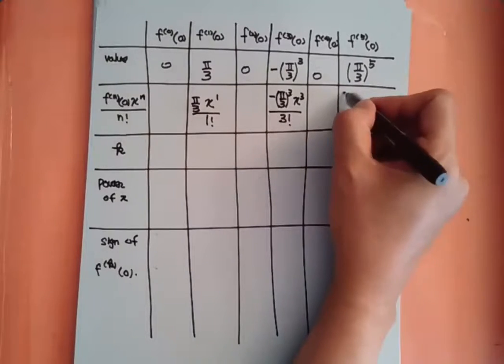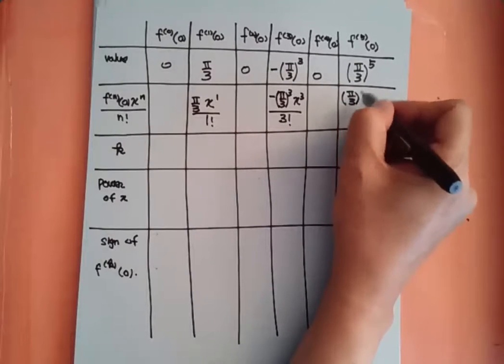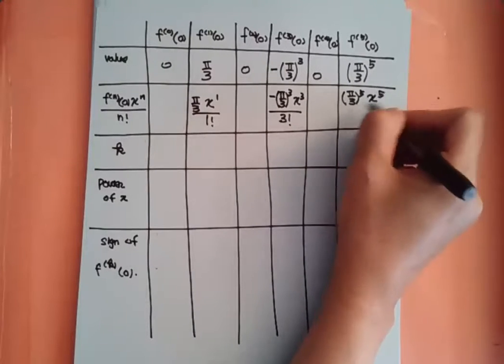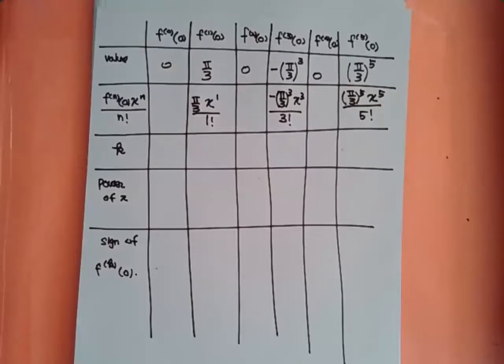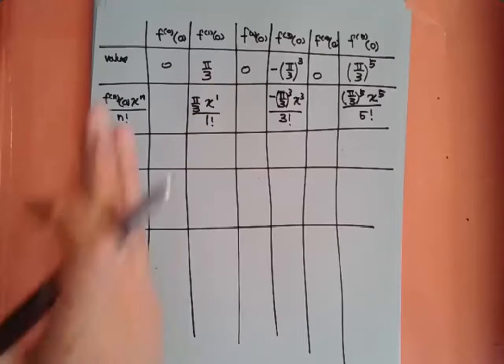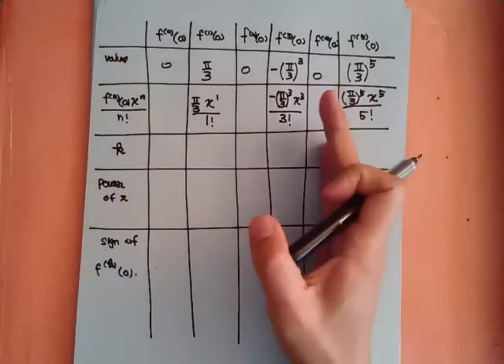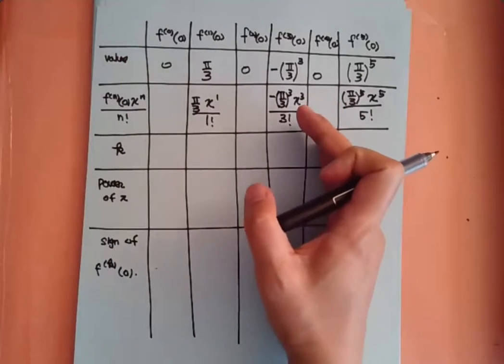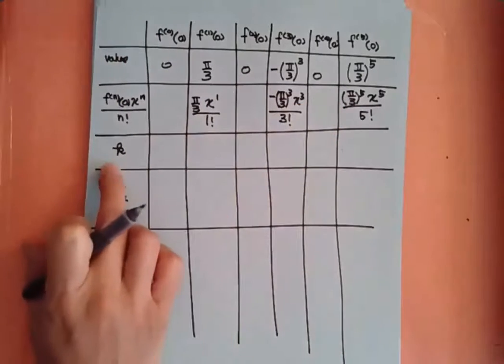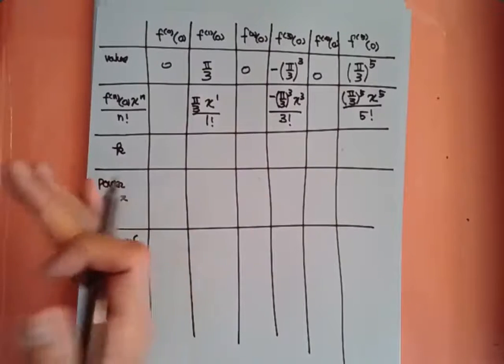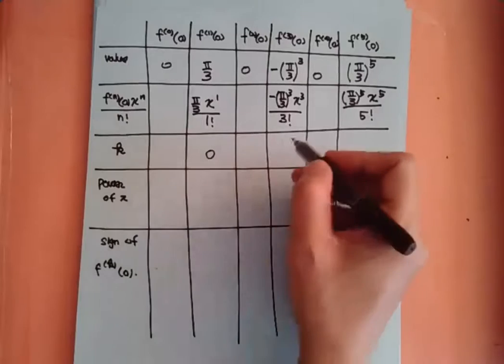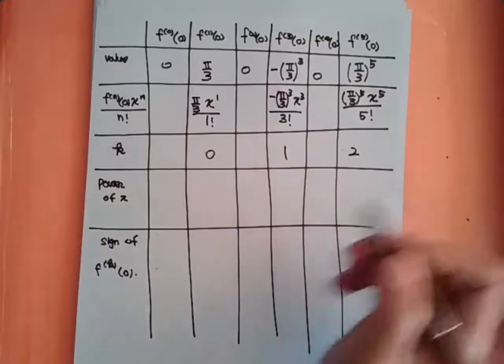The next one is pi over 3 to the 5th power, x to the 5th power over 5 factorial. So what I want to do is we just ignore all of the 0 parts, and we want to just think about k, and we want to manipulate the power. And so I want to record this one as the first index, so 0, 1, 2, and so on.